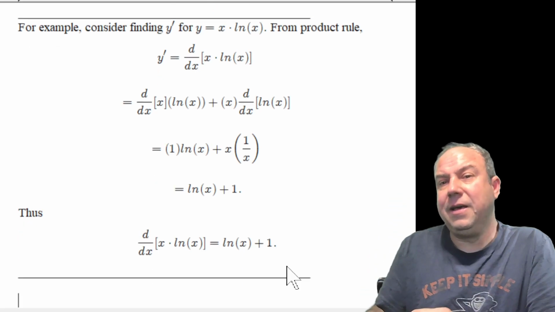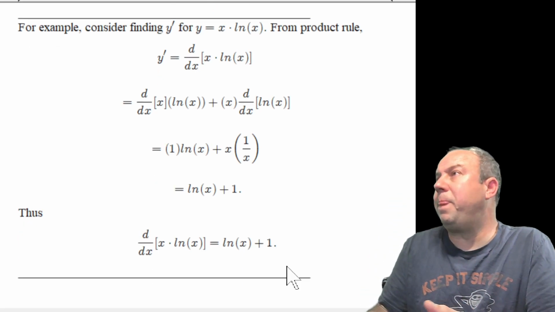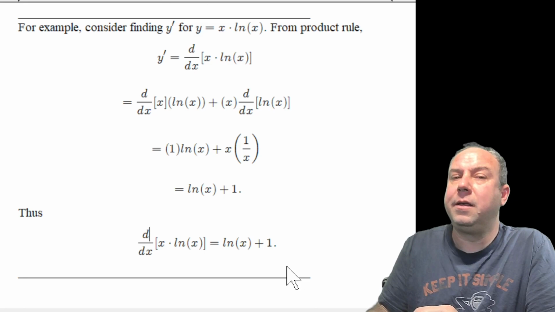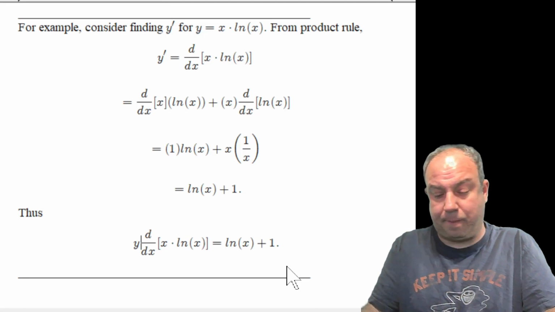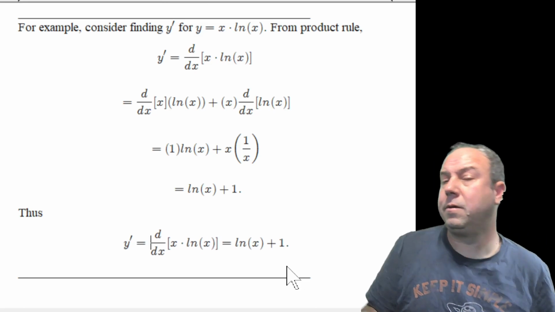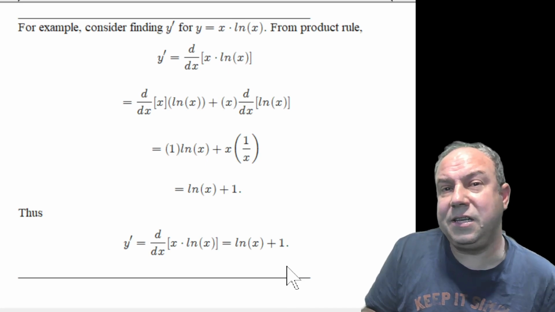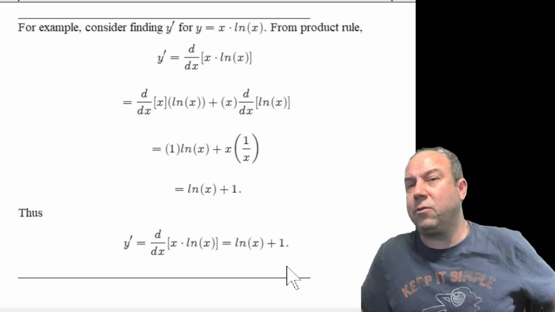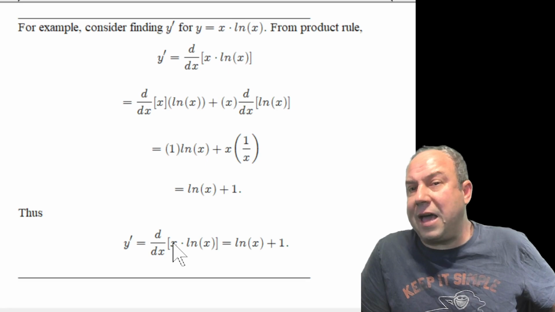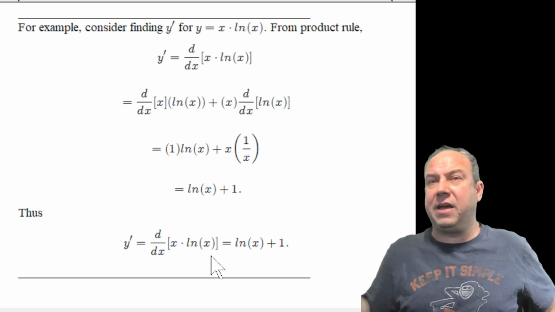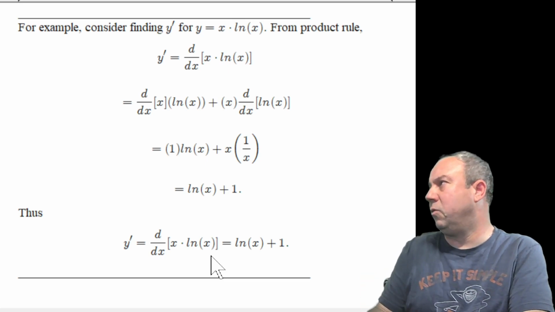All right? And let me highlight that that is y prime. Right? That is the derivative result for this function y equals the value of x times the ln of x. Just a quick example using that derivative of the ln of x result and a little product rule.